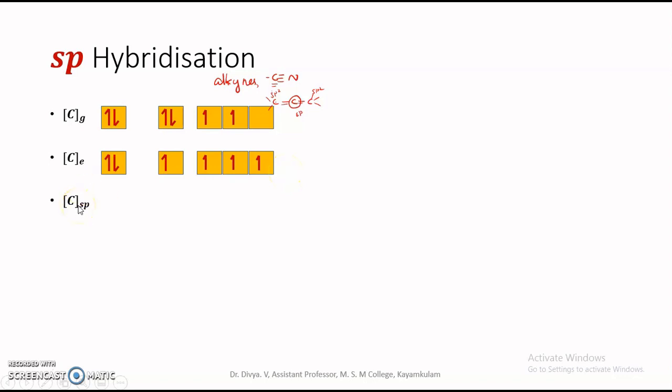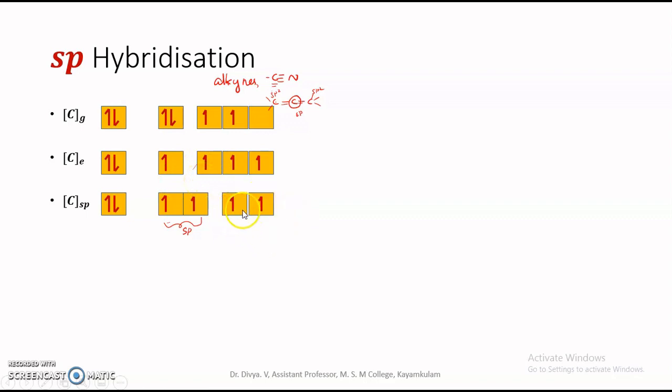During the formation of sp hybrid orbitals, one 2s atomic orbital hybridizes with one 2p orbital, leading to the formation of 2 sp hybrid orbitals, one 2s and one 2p.